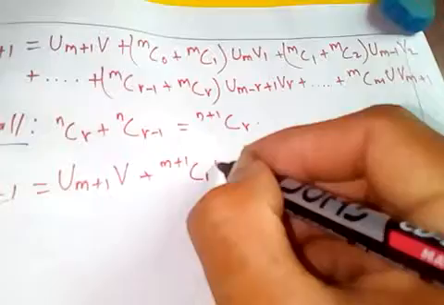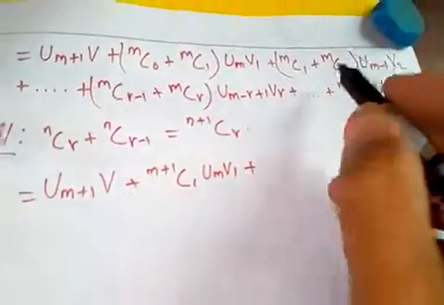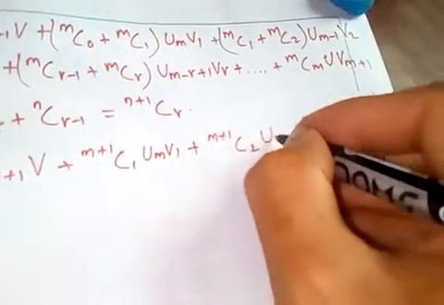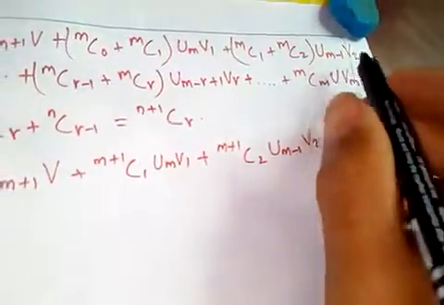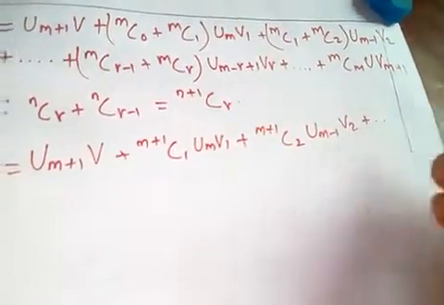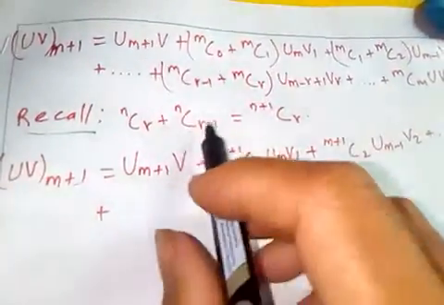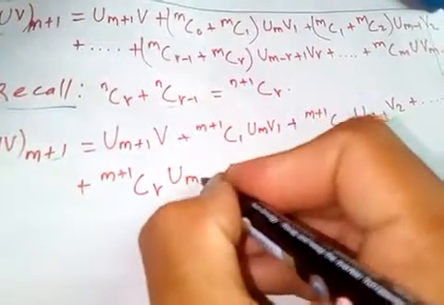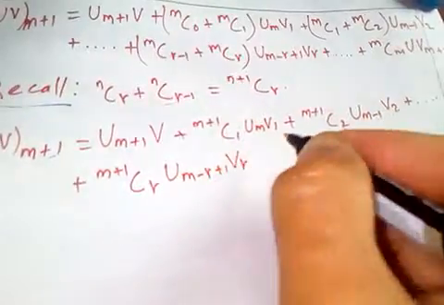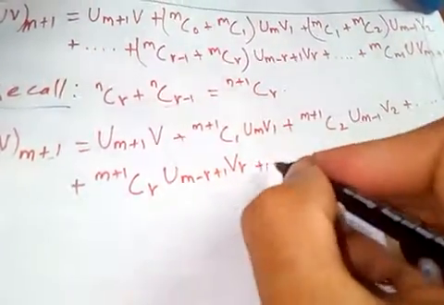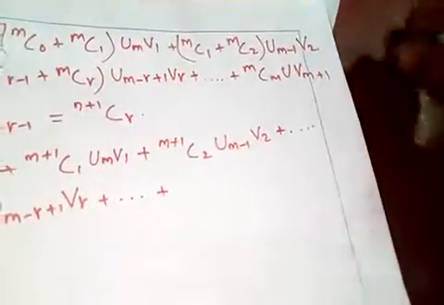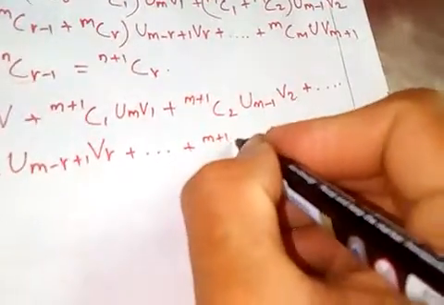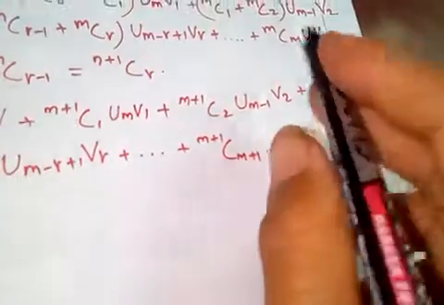And then what is the u m v1 plus, and here also if you apply this one you get m plus 1 C2 u m minus 1 v2, okay, this one, and plus so on, plus in here also if you apply this one same thing, m plus 1 Cr u m minus r plus 1 v r, okay, plus so on, plus, and mCm is the same as m plus 1 C m plus 1, okay, which is same thing.